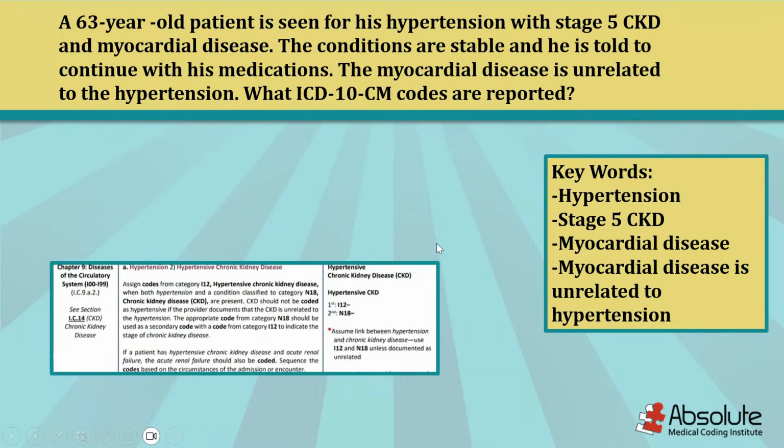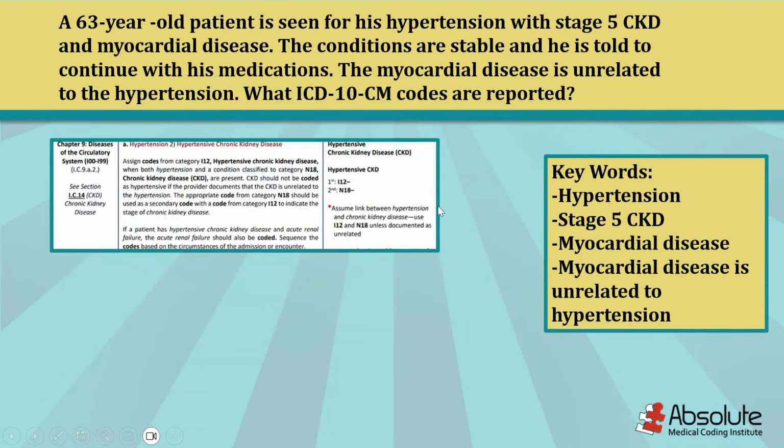So this is going to be our main guideline that we're going to be focusing on, I.C.9.A.2, hypertension or hypertensive chronic kidney disease. And if you look right here, it says assume link between hypertension and chronic kidney disease. So we're going to assume that they're going to be linked because there was nothing saying that they were unrelated.